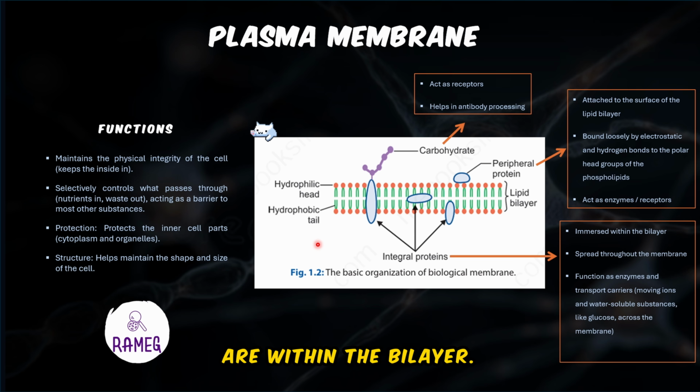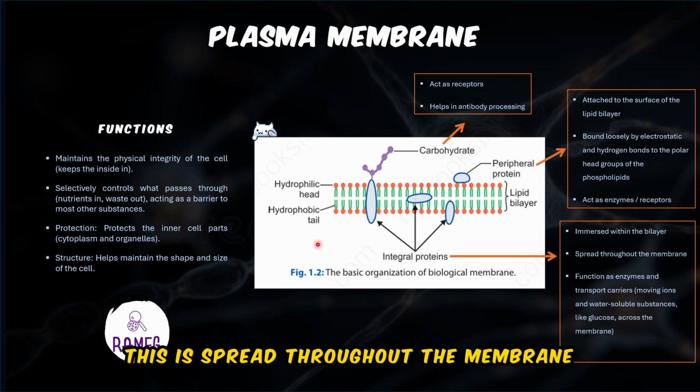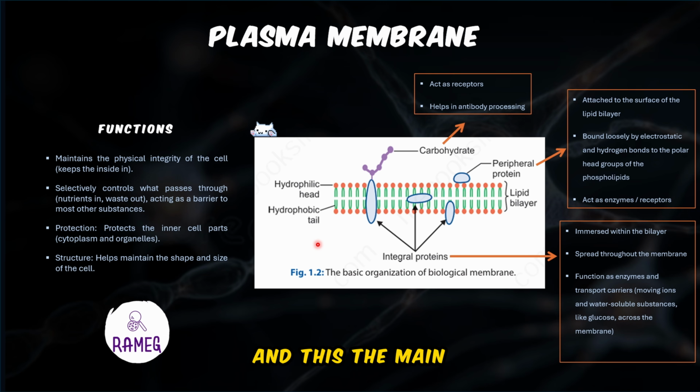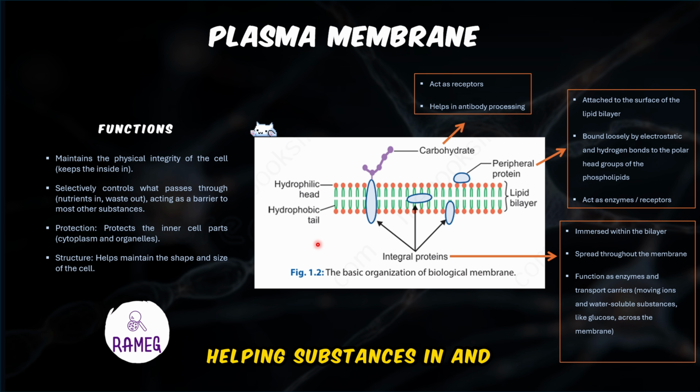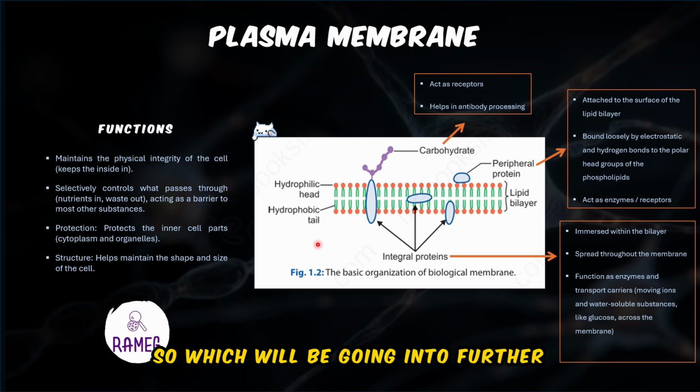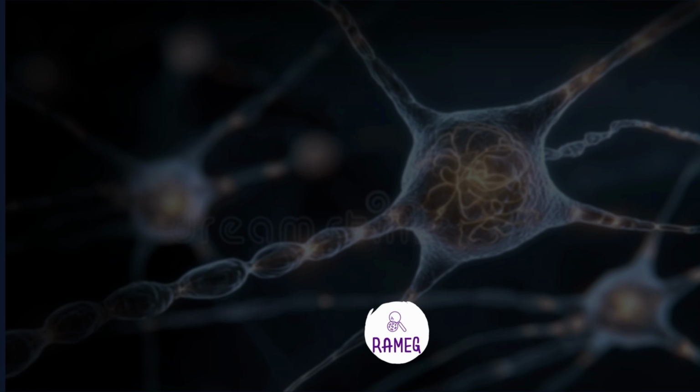Integral proteins are within the bilayer. They are spread throughout the membrane. The main function of these is that they can function as enzymes or even transport carriers. These transport carriers are the ones that help substances in and out of the cell, which we'll be going into further detail on in later topics.